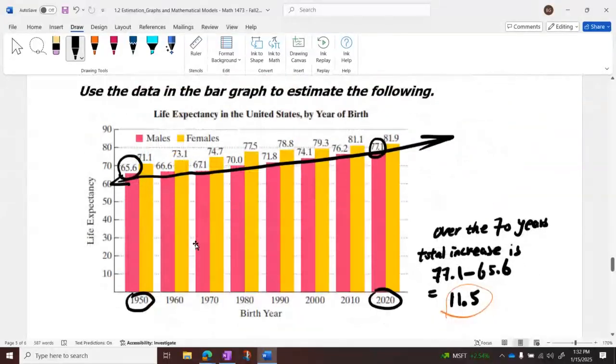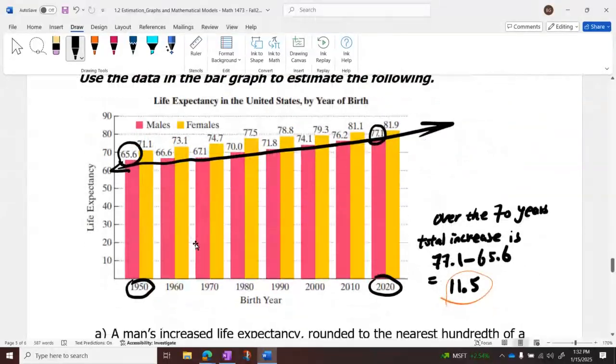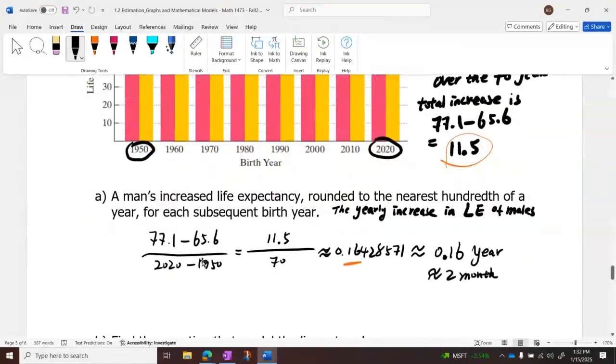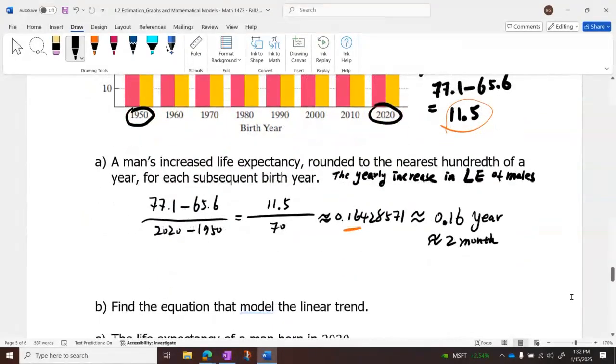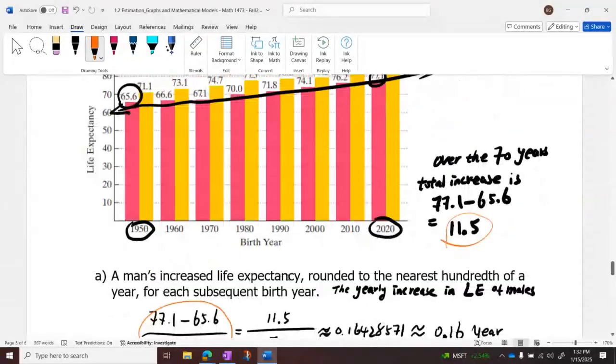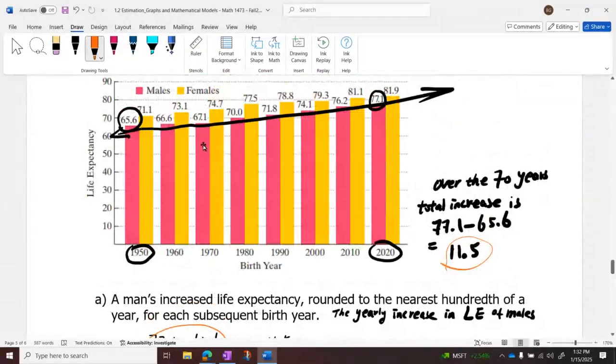If you are familiar with what you have learned in Algebra Foundation 2, maybe some of you have already identified this value. We got around 0.16 year. That value, in fact, is the slope of the straight line. Rise over run.